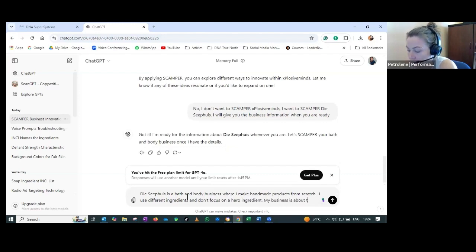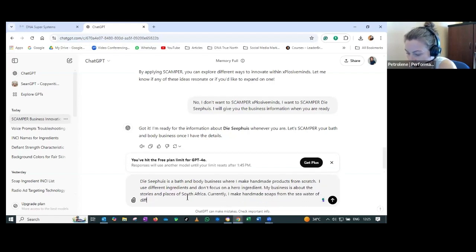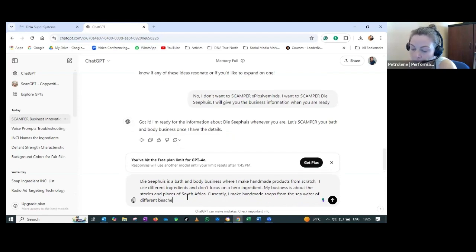My business is about the stories and places of South Africa. Currently, I make handmade soaps from the sea water of different beaches. And I also make body scrubs, body yogurt. Oops. That is a lotion, a yogurt-like body lotion.